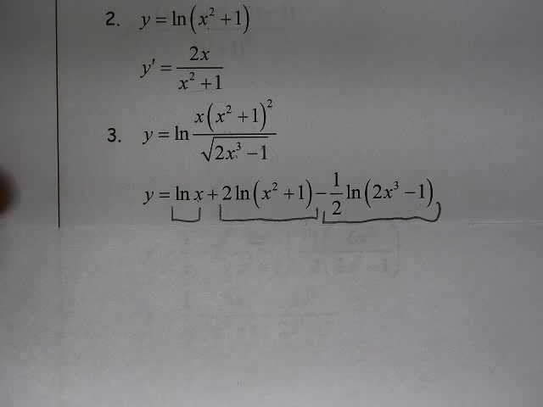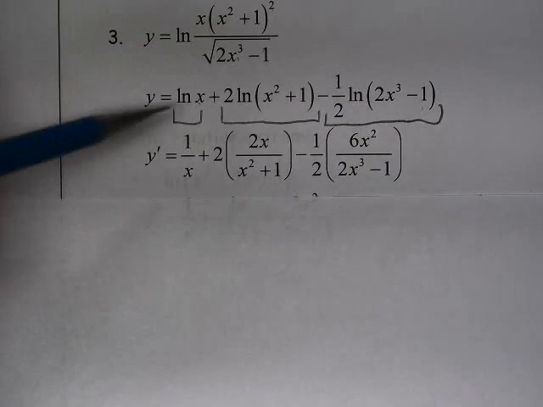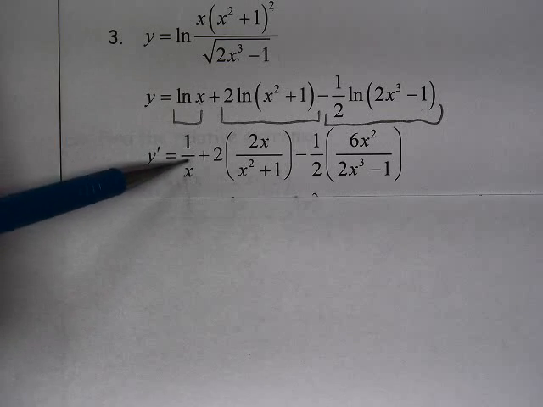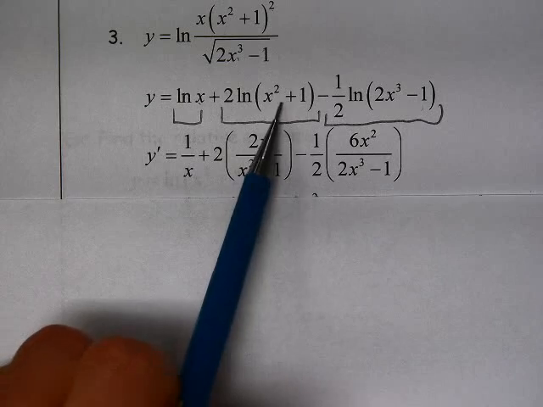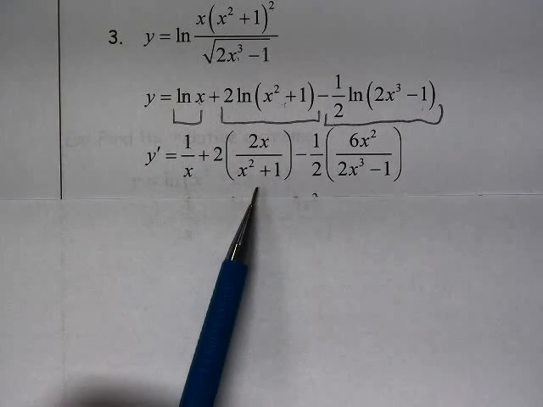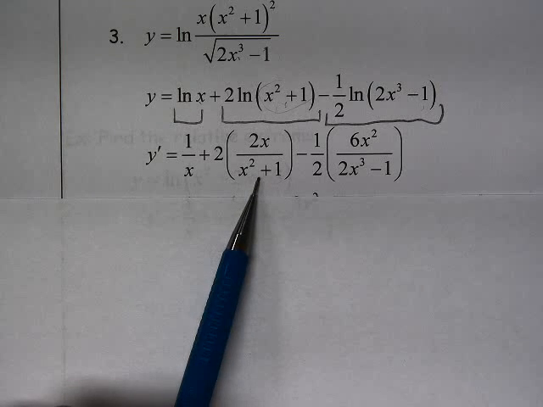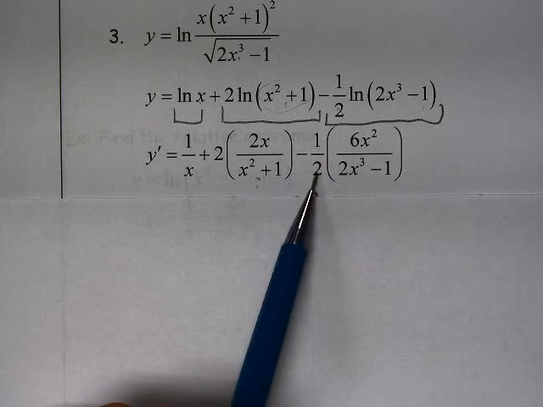and differentiate it. So I have the derivative of natural log of x is 1 over x. I have the coefficient of 2. Now I have u prime over u. So the derivative of this is 2x over the original u. Coefficient of 1/2.